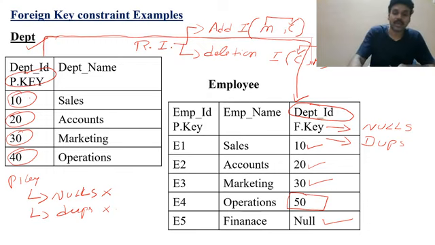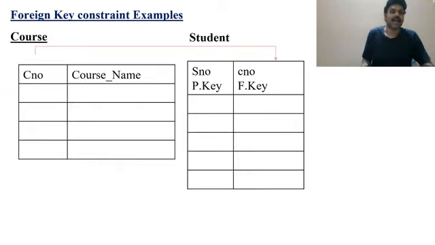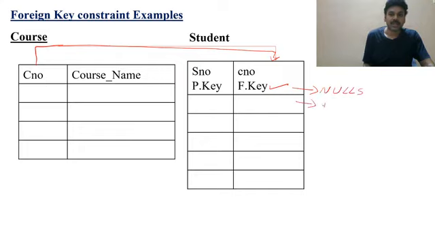Okay. Now let us look at another example using foreign key. Look carefully, friends. Now this column I am deriving here, and so I am calling it a foreign key. You know the foreign key principles. Please follow: for the foreign key, nulls are allowed and duplicates are allowed.